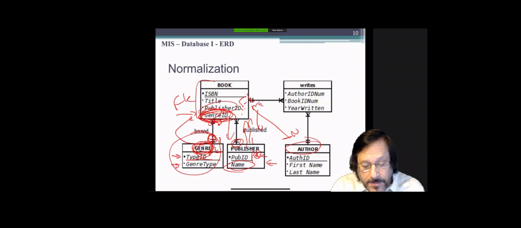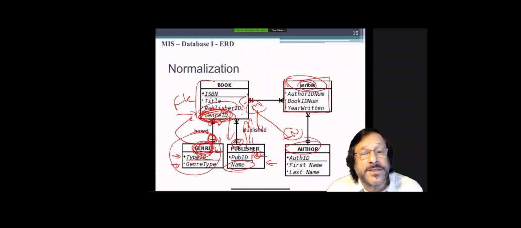And because this is a many-to-many, as we remember, we then need to create a connector entity. This is how a many-to-many works. So we will create the connector entity. We will call that writes, because that's what the relationship is. And then we're going to put in the cardinality that's associated with it. And remember, we just switched them out.